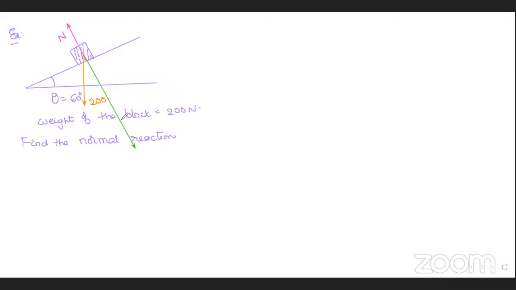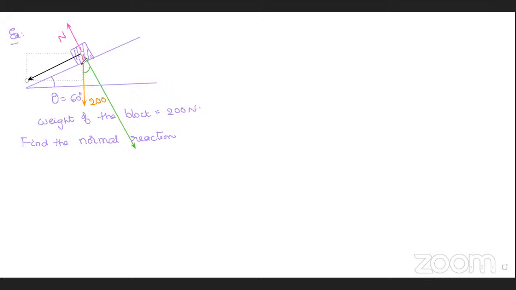But I am seeing practically no force in that direction. Using our physics, whatever the 200, I can resolve it into two components, one along the green line, the other along this black line.